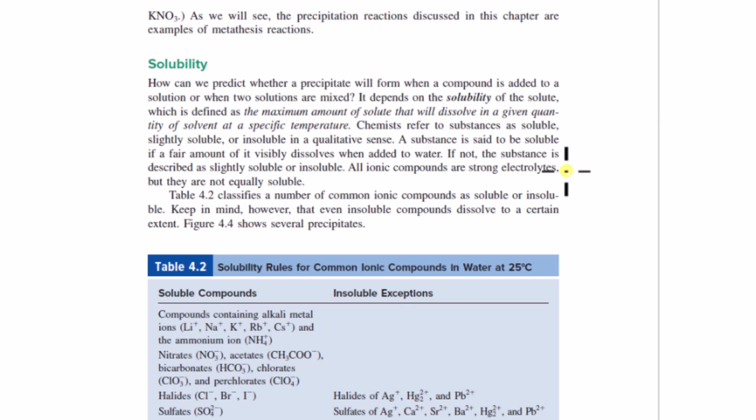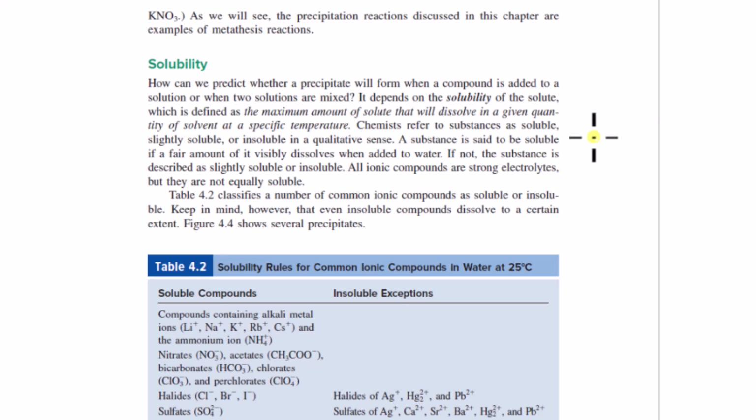No, it's more about whether, if you add that substance to the solvent, and we're focusing on water, you pretty much see that nothing dissolves. Even if you technically looked at it with a microscope and analyzed it to a fine extent, you would see that some did dissolve. In that case, it's still insoluble.